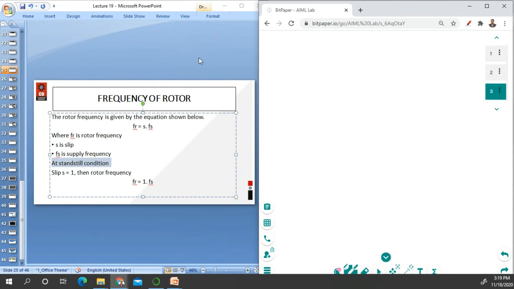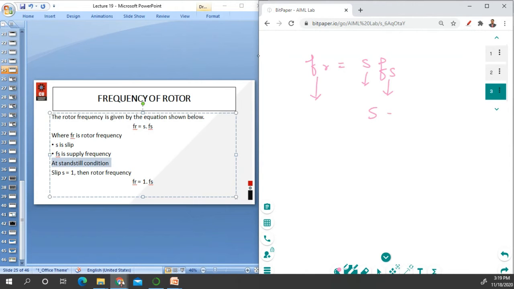So Fr is equal to S into Fs. Fr is the rotor frequency, Fs is the supply frequency, and S is the slip.